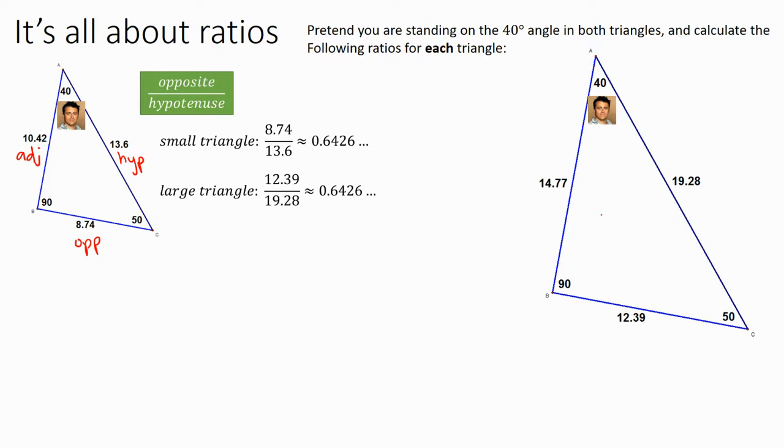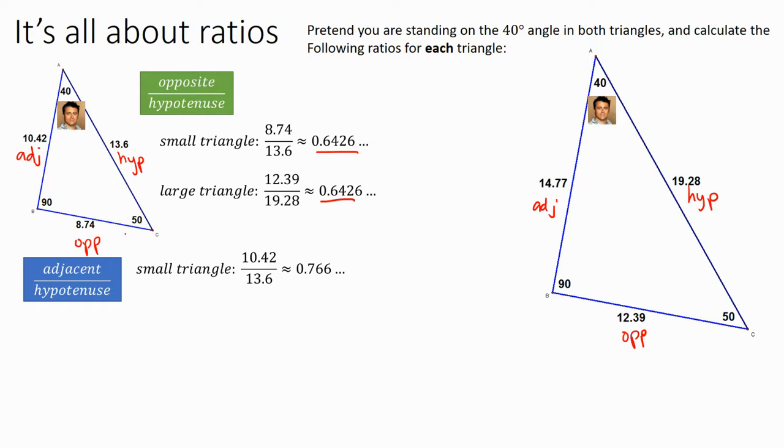Now, if we do the same thing in the large triangle, notice opposite over hypotenuse, we get the exact same decimal, the exact same ratio. If we compare a different ratio, like adjacent over hypotenuse, so 10.42 over 13.6, and we do that for both triangles, we get a different number than the first one.